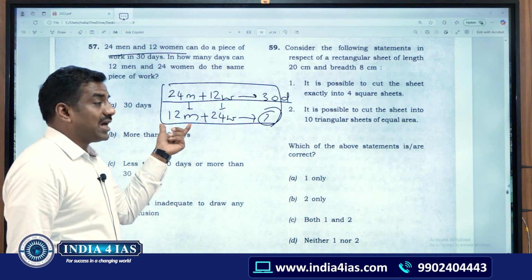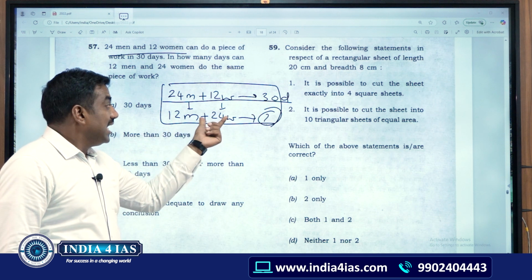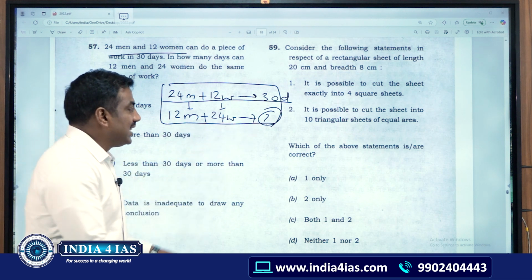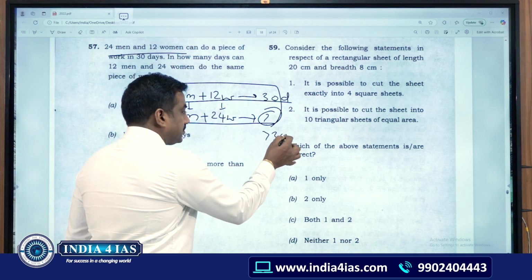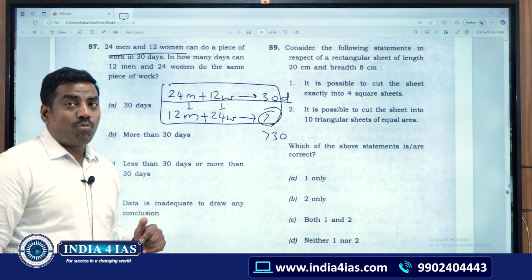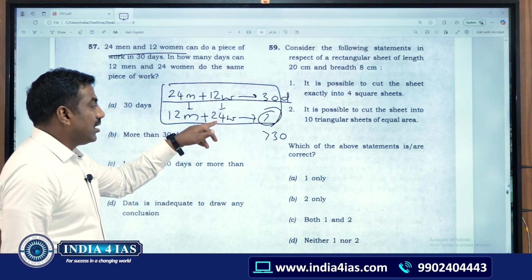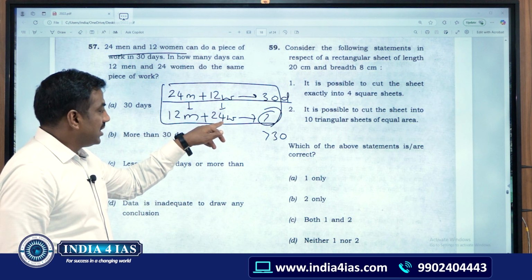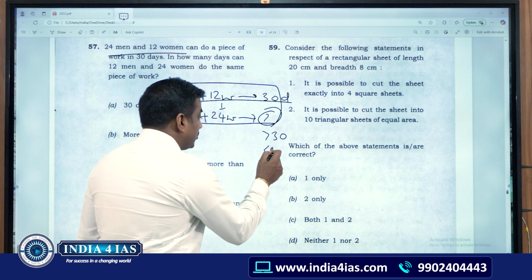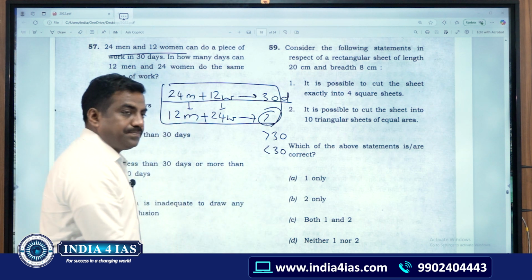Here we are cutting down the number of men and increasing the number of women, so efficiency will be less. Definitely they will take more than 30 days when men have more capacity. When women have more capacity, women are increased and men decreased, so more efficiency, and they will finish before 30 days.